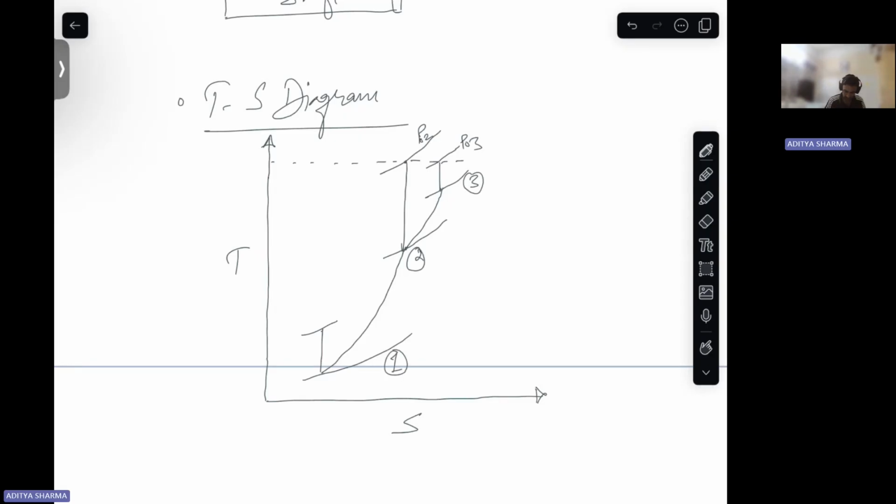So these are your static lines. This one is your rotor pressure line. Okay.